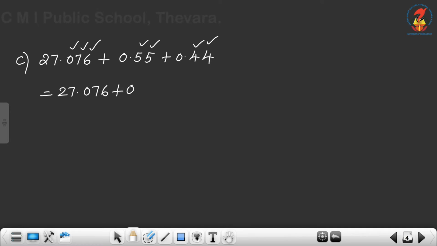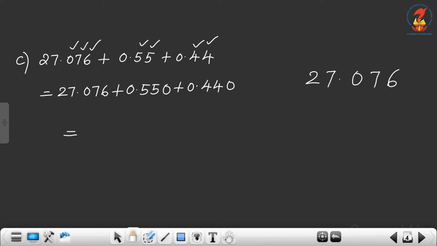27.076 plus 0.550. We need one more decimal place, so we can put 0 at the end. Then plus 0.440 equal to 27.076, next 0.550, then next 0.440.